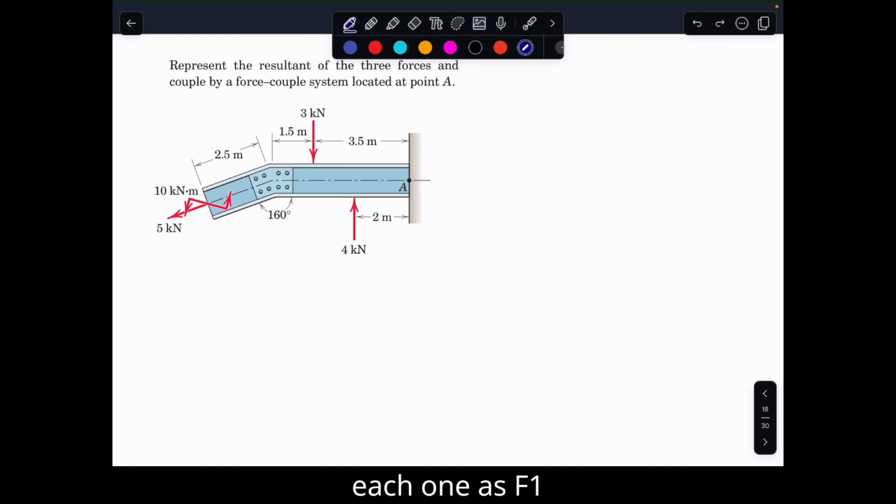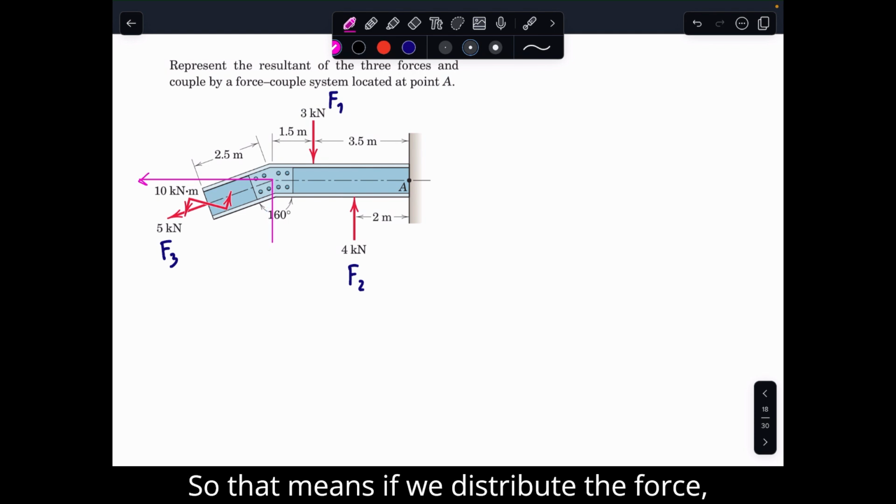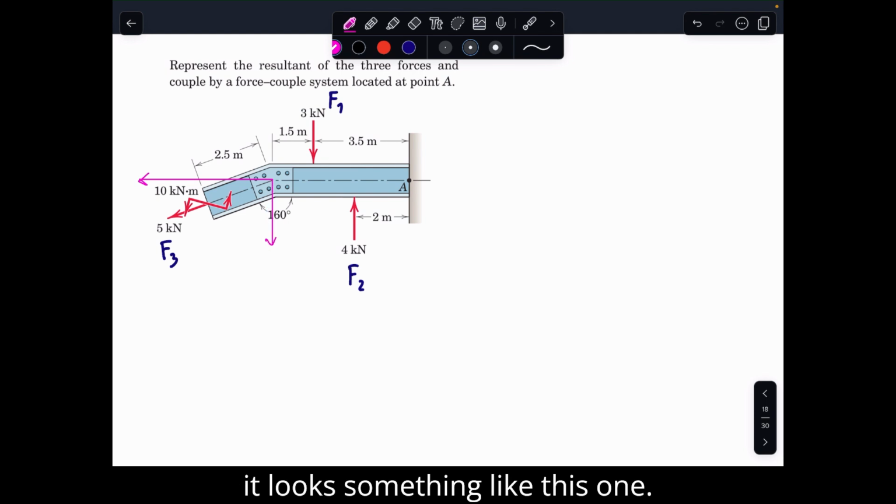I will name each one F1 here, F2, and then F3 here. Now I would like to distribute F3 like this. We know that F3 is an inclined force, so if we distribute the force, it looks something like this.